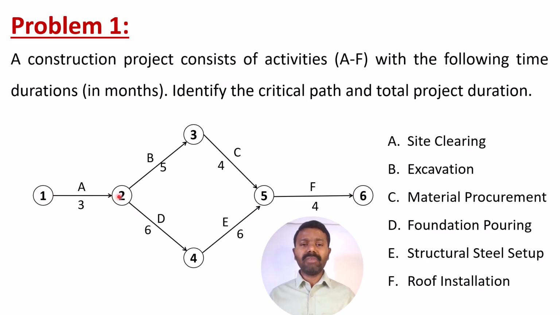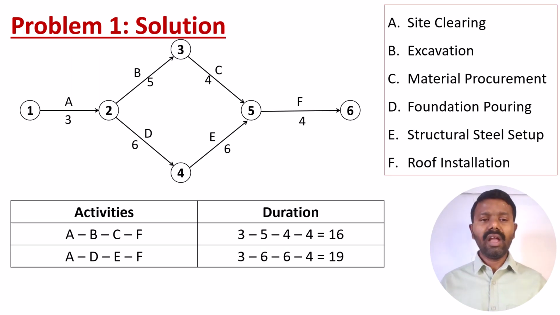Now what is meant by critical path? The critical path is the path which will take the maximum time in the network. So if you see the maximum time in the path, that is the critical path. Let us consider it in the next slide. Now the critical path we need to first identify.